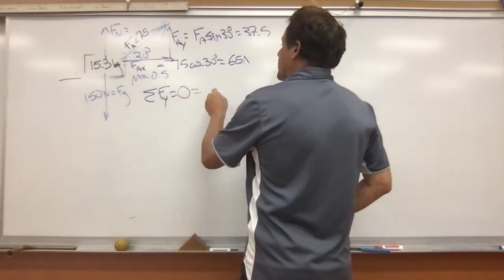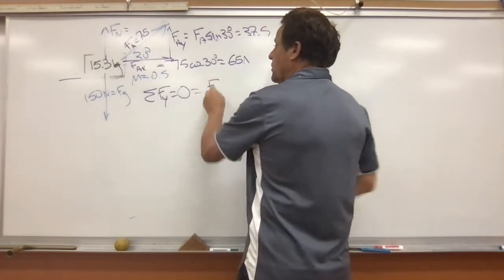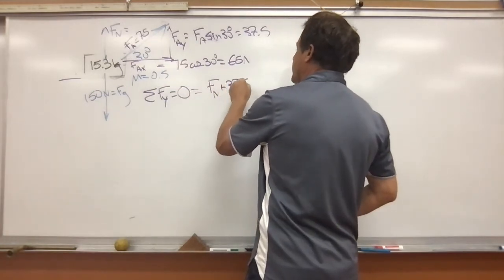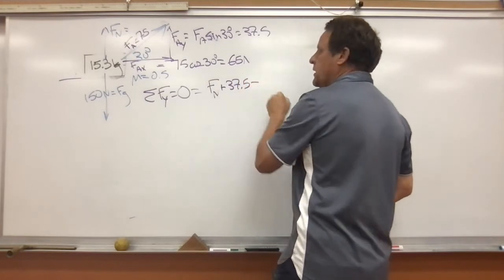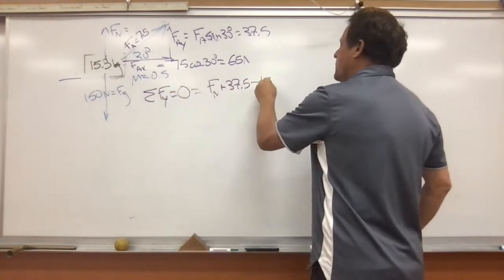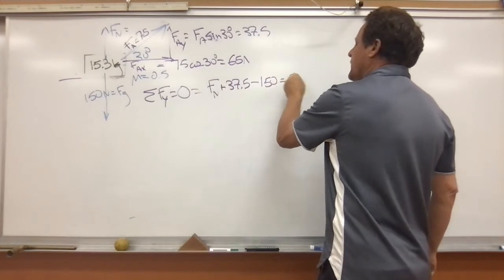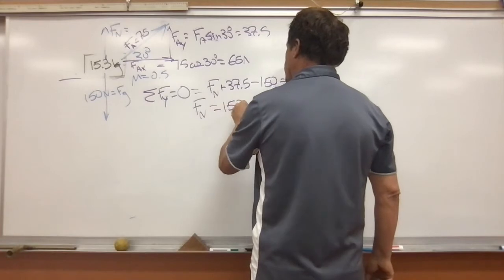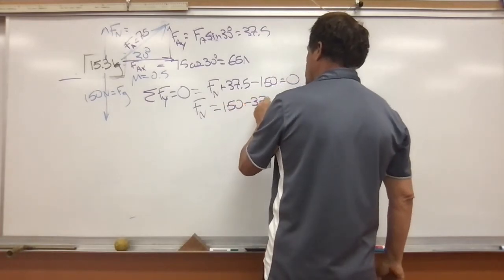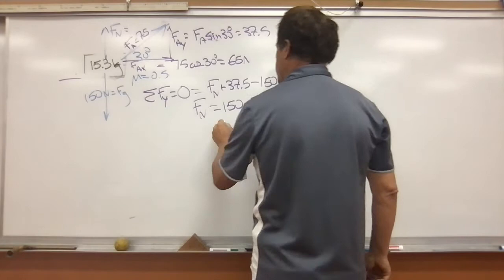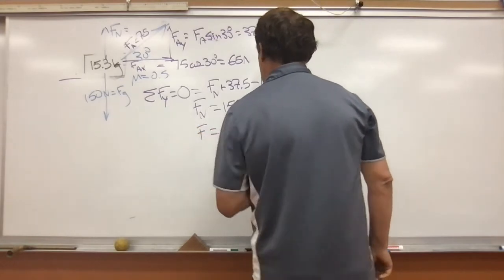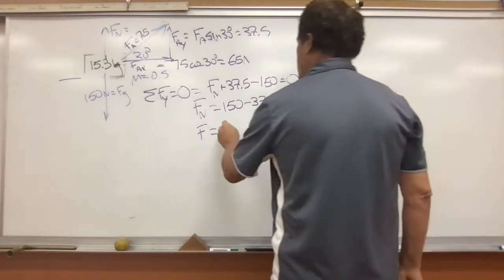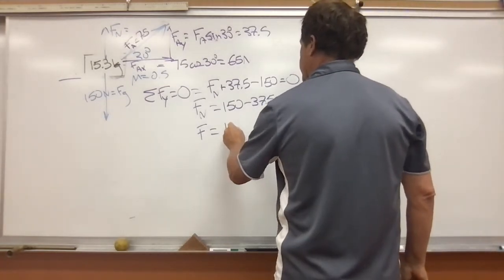So we know it's not going to lift off the ground. And therefore, we're going to have the force normal pushing up, plus 37.5 going up, minus the weight, which is 150, and that's going to equal 0. So our normal force is going to be 150 minus 37.5, and therefore our normal force is going to be 112.5.